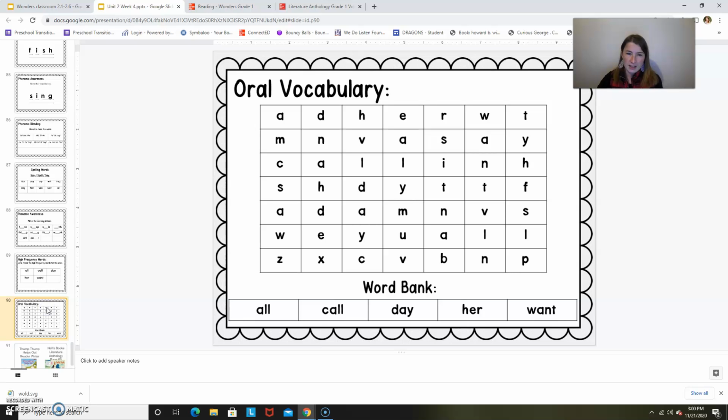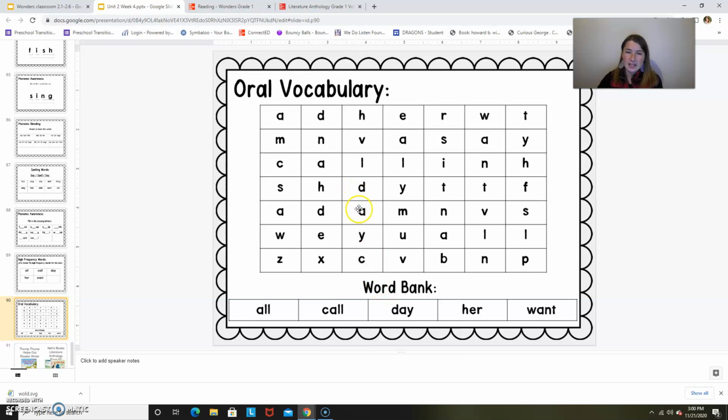All right, let's see if we can find them in the word search. First word was all. You found all. A-L-L, all. Good job. See if we can find call. I found it. C-A-L-L, call. See if we can find day.